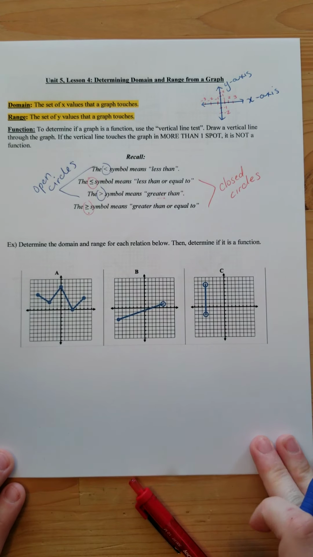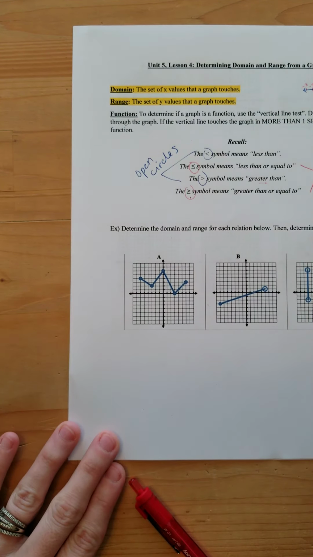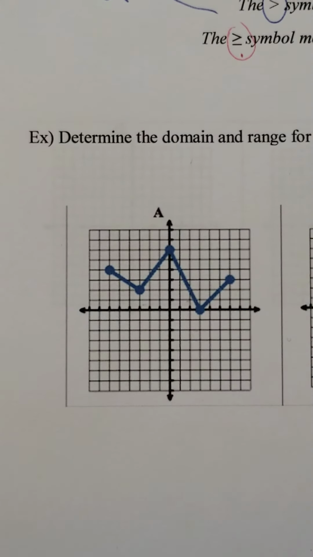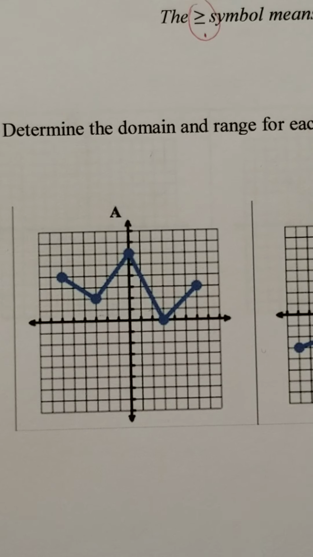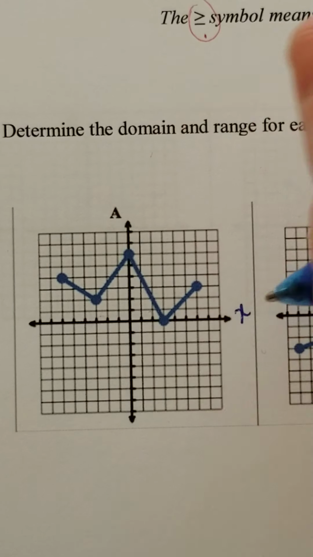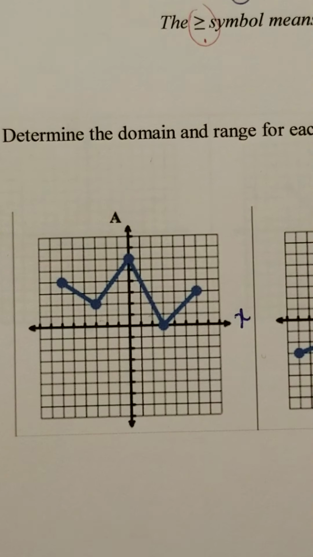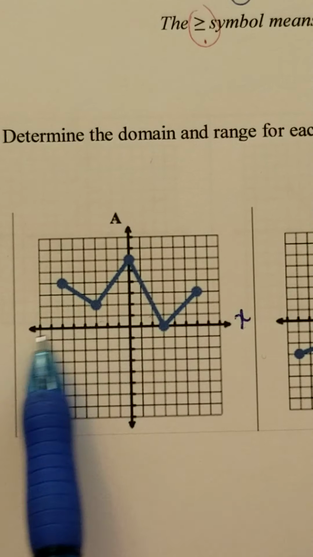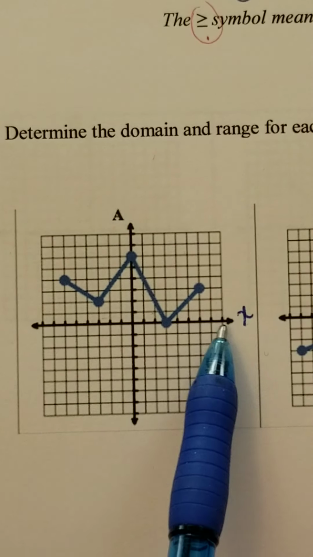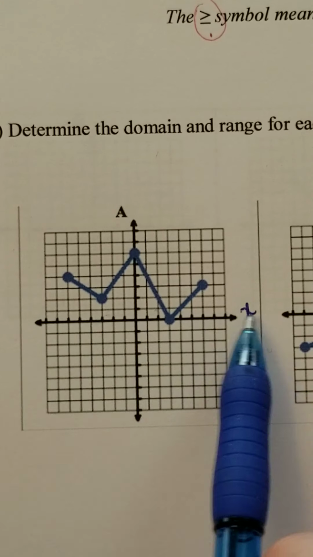So when I ask you to find the domain and range of this graph right here, I'm going to zoom in a little bit. I am asking you to tell me, let's start with domain. Domain is what x values does this graph touch or span? So I always say, let's just work left to right. The x-axis is the horizontal axis and it's left to right. We're not doing up, down right now, we're doing left to right.